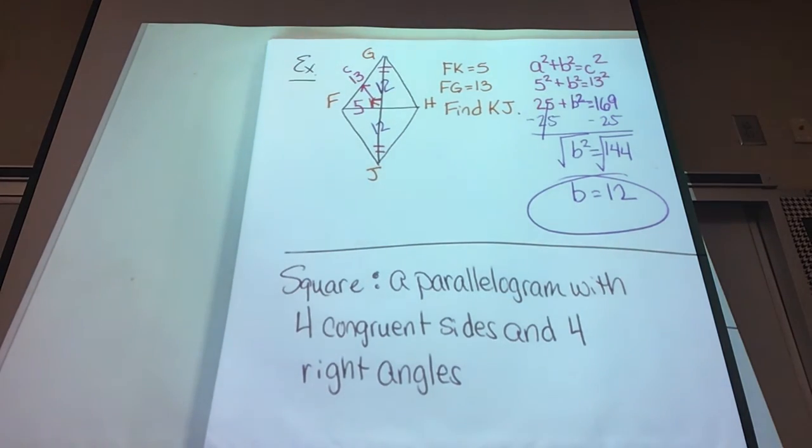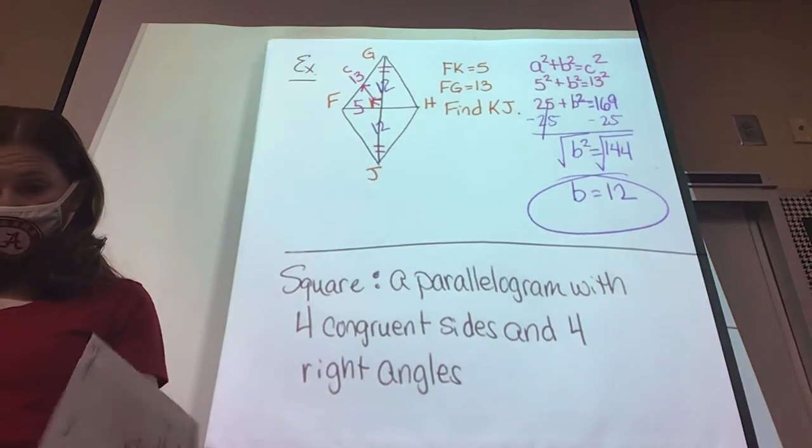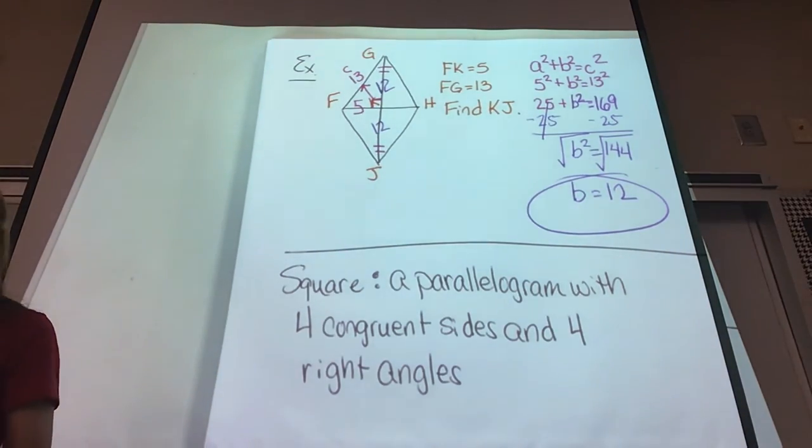Now, I really don't know what I'm going to do because I have not had a chance to look at squares and see if there's even anything on squares on IXL and rhombuses. So I will have to look and I will have to see what they've got to know what you're going to get. Now, I know I've got a workbook page, but I don't know if I'm going to give it to you.